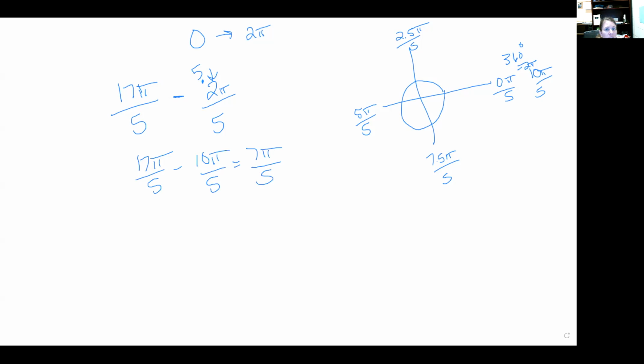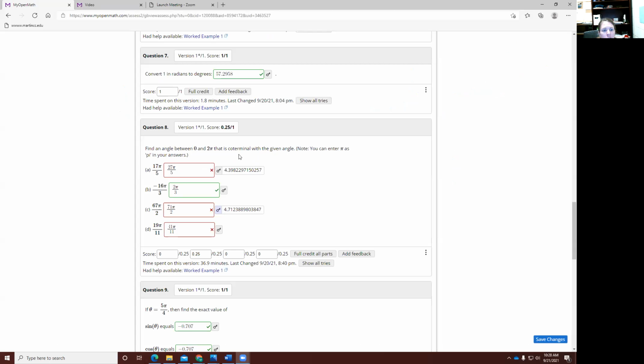If you look over here, it says, note, you can enter pi in your answers. The answer gives you a decimal, but if you put 7 times pi divided by 5 in the calculator, it gives you 4.3982229. Okay, so that's how you do that one.